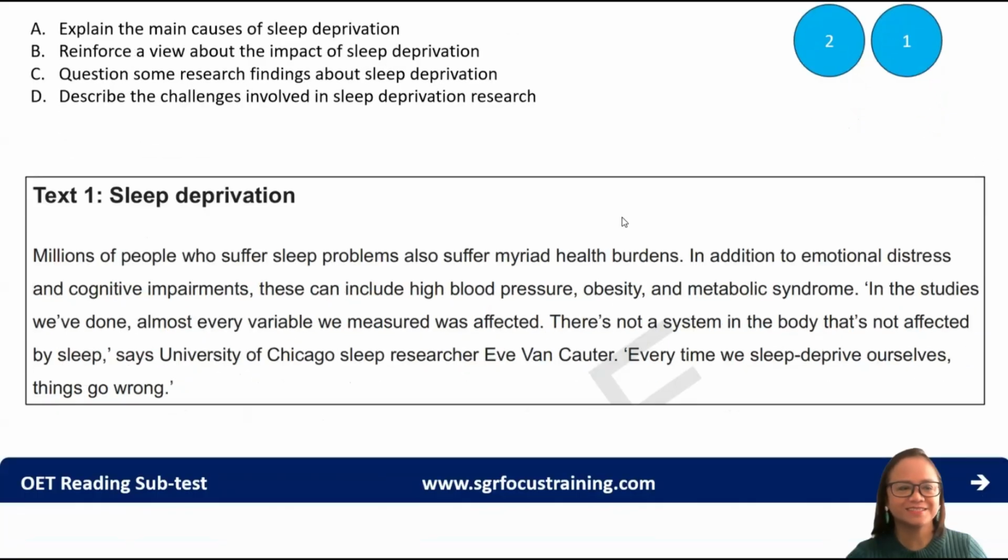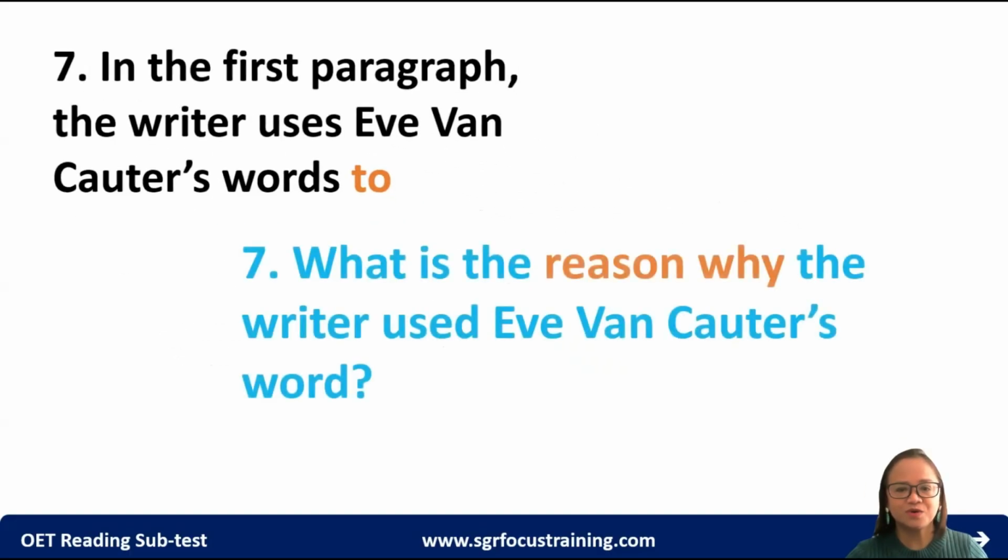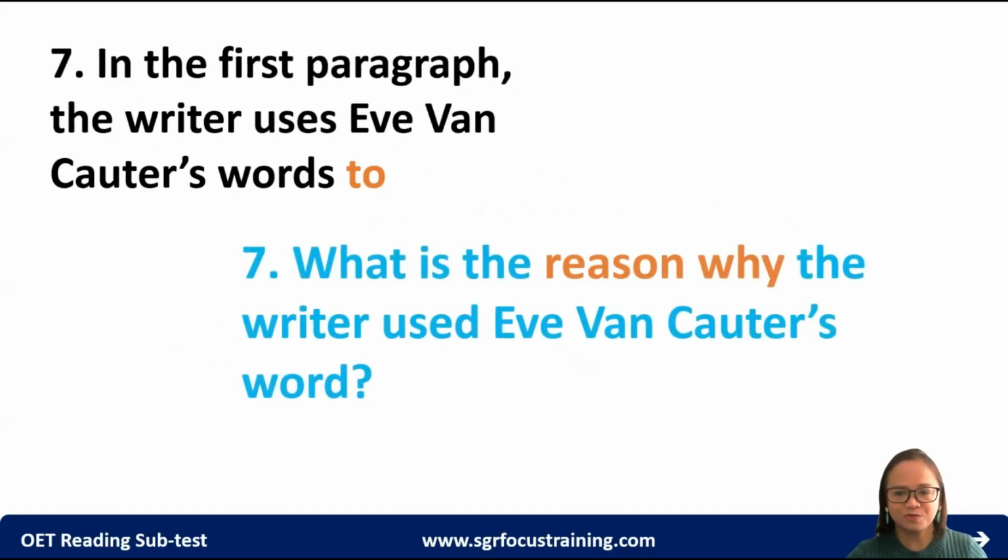Let's discuss. The very first thing that you need to do, just like what we discussed in Part B, is to look at the question and try to understand what kind of question OET is asking me to answer. This one ends with the word to. Any question that ends with the word to can sometimes be what we call looking for the reason why.